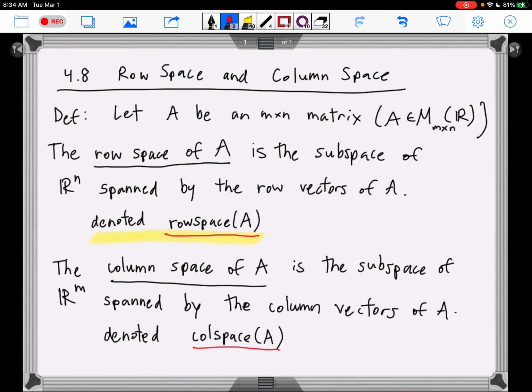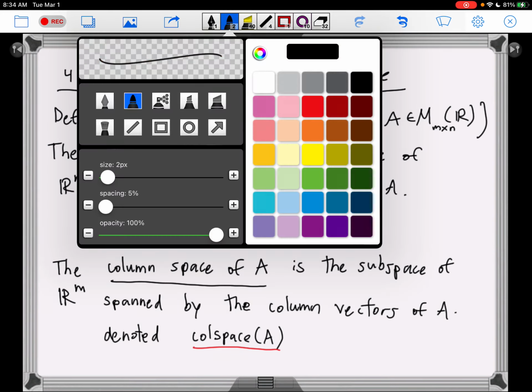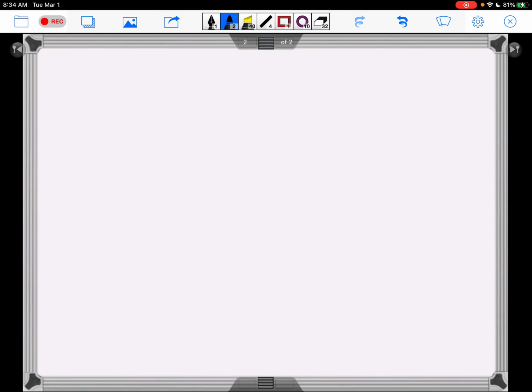So let's do a quick example here so that you understand what I mean when I say that the row space is a subspace of Rn and the column space is a subspace of Rm. Let A be the following matrix: 2, -1, 3 in the first row and 5, 9, -7 in the second.